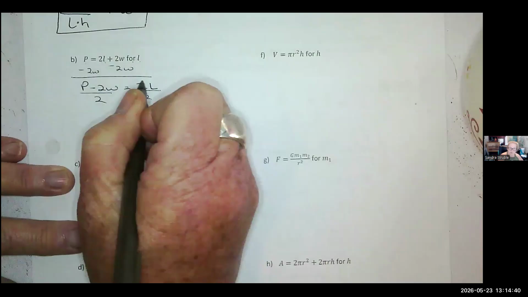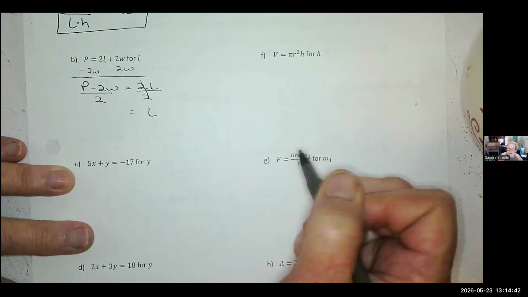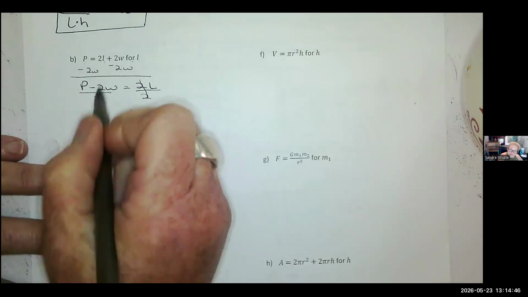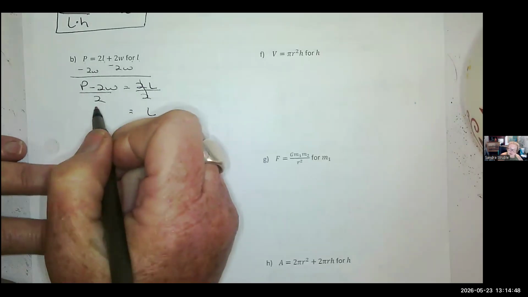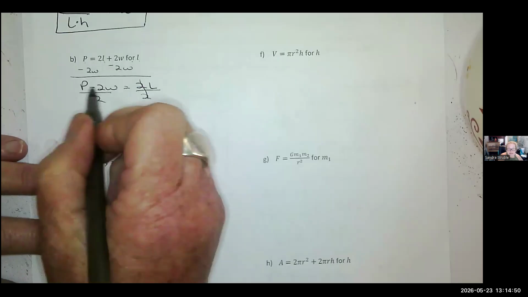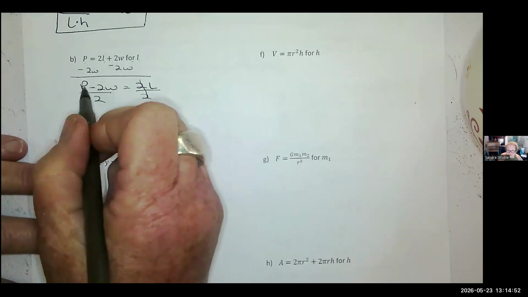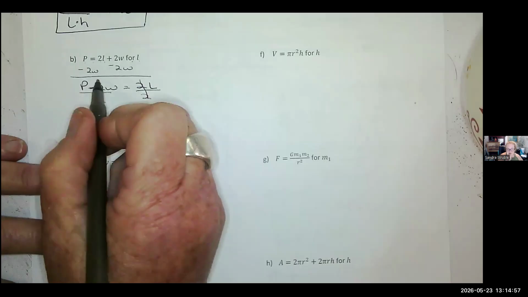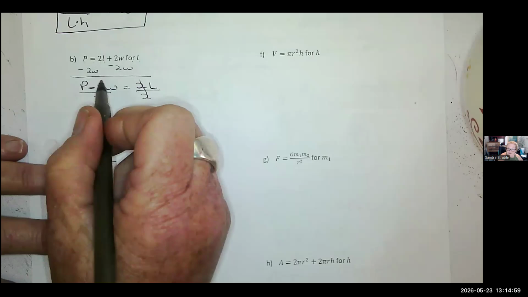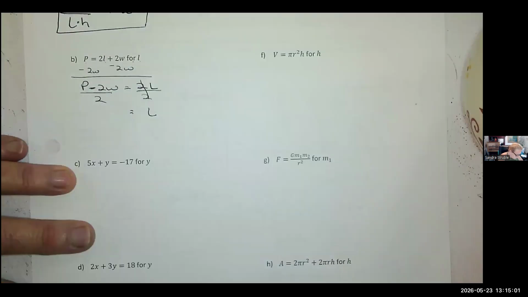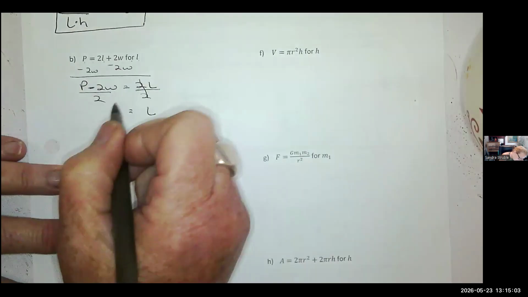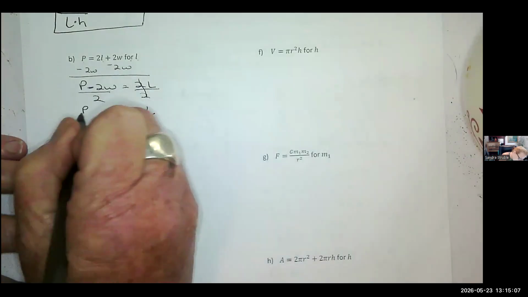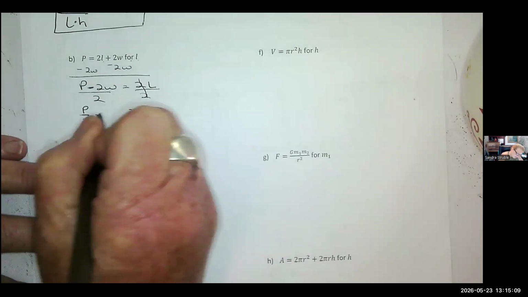Now, a couple things I want you to see here. You cannot just reduce this. Please don't think you can do that. You cannot. If this was multiplied, you could. But because this is subtraction, or if it was an addition, you cannot just reduce this. Here's what you can do. You can either leave it just as it is, which is perfectly fine, or you could write P over 2 minus 2 over 2W.